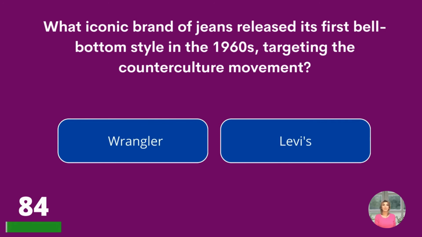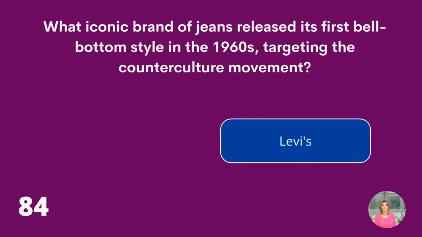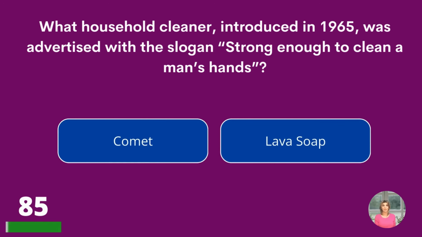What iconic brand of jeans released its first bell-bottom style in the 60s, targeting the counterculture movement? Wrangler or Levi's? Levi's. What household cleaner introduced in 1965 was advertised with the slogan, "Strong enough to clean a man's hands"?